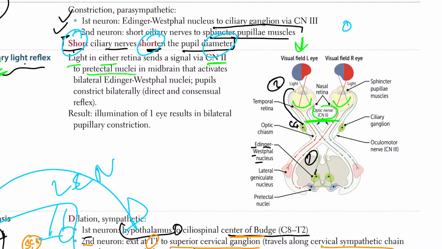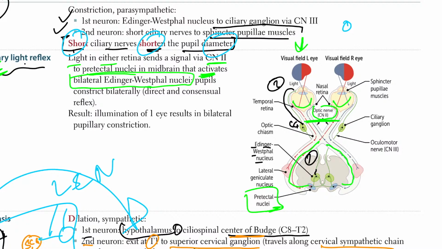The pretectal nuclei are right here, on both sides. Now, that one pretectal nucleus will activate bilateral Edinger-Westphal nuclei.